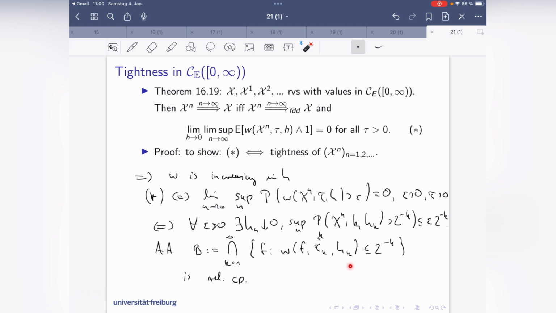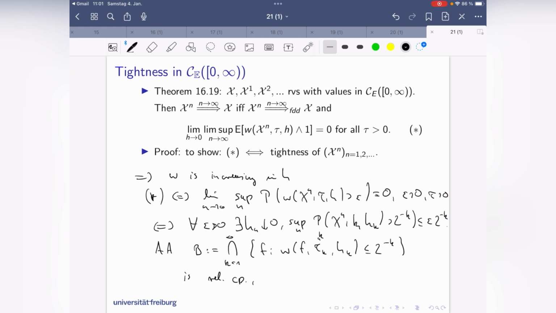If I'm in this intersection here, I know I can choose h_k small enough such that anything smaller than 2 to the minus k comes out here, and that holds for every k. Yes, so that's relatively compact on the one hand side.